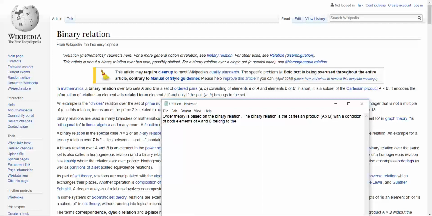I think the larger set belongs to the domain, maybe. So the domain, I'll just keep that out. This seems to be the closest definition we could get.